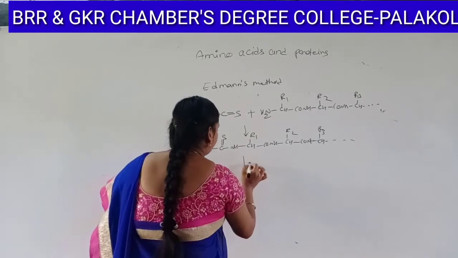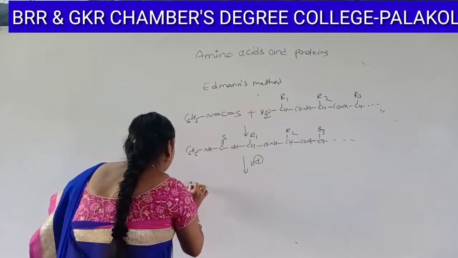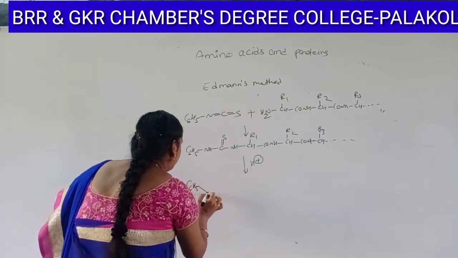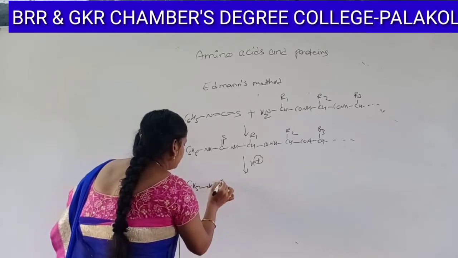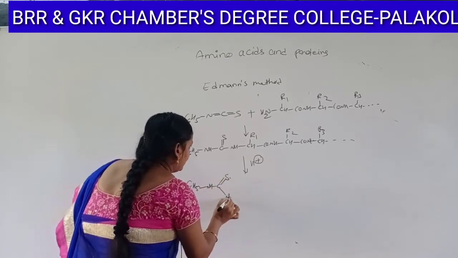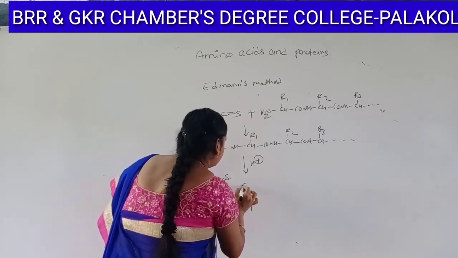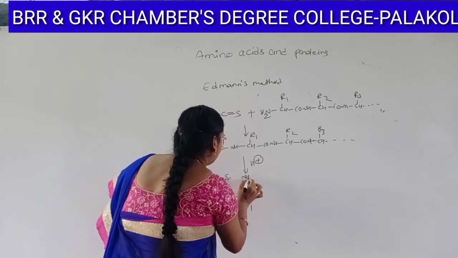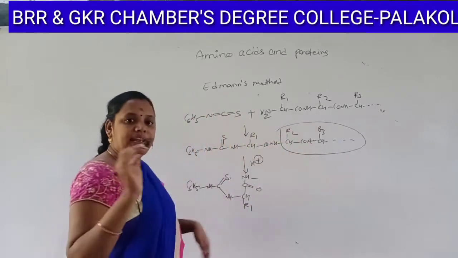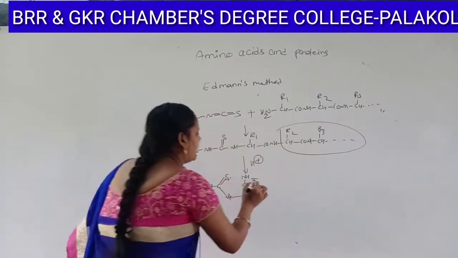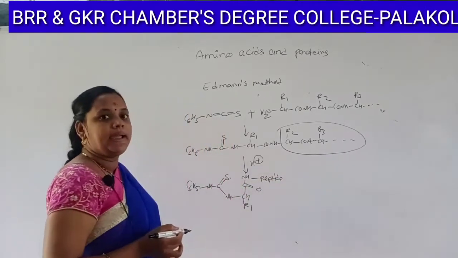In the second step, if a proton is added, we write C6H5 NH C=S NH CH R1 C=O NH, and instead of writing everything each time, let me write the whole chain as a peptide.